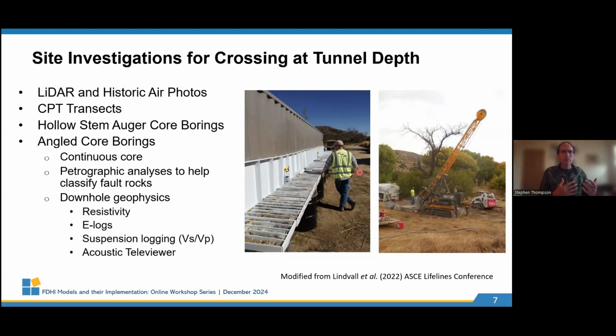For this particular project, where we're trying to characterize the fault at depth, not at the ground surface, the multidisciplinary approach included LiDAR and historic air photo analysis, transects of CPTs to get after some of the shallower units to understand areas of active faulting. There were both hollow stem auger core borings and a series of angled core borings that were continuously cored, and there were downhole geophysics as well.